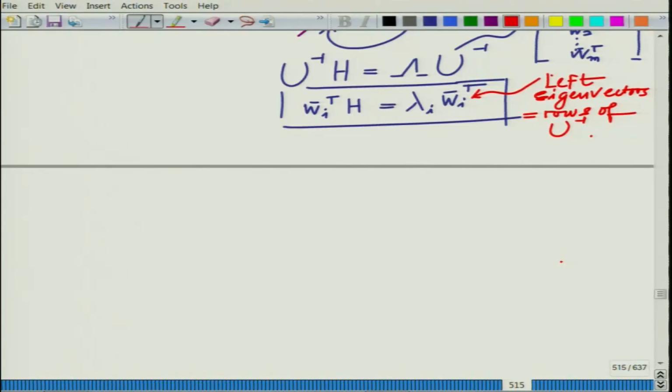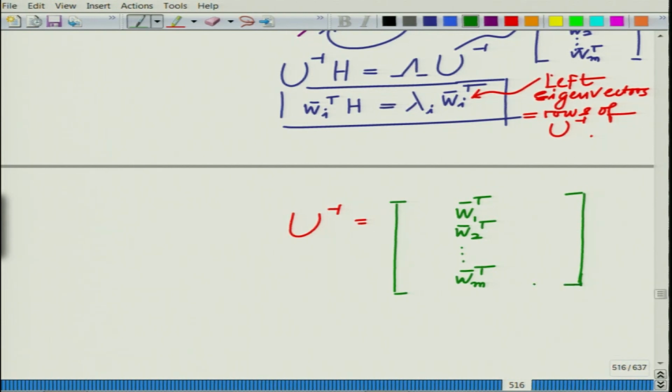Just to be clear, U inverse will be w1 bar transpose, w2 bar transpose, up to wm bar transpose, which will also be an m cross m matrix, and these are essentially the left eigenvectors.